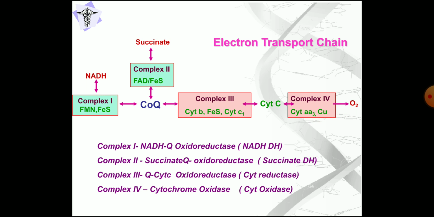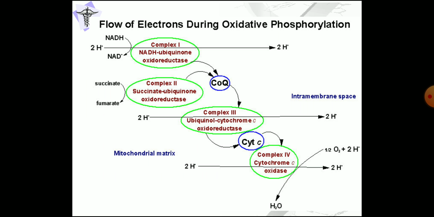Complex 1 is NADH coenzyme Q oxidoreductase, also known as NADH dehydrogenase. The second complex can also be known as succinate dehydrogenase, the third complex as cytochrome reductase, and the fourth complex as cytochrome oxidase. This diagram is actually a flow chart showing how electrons are transferred.